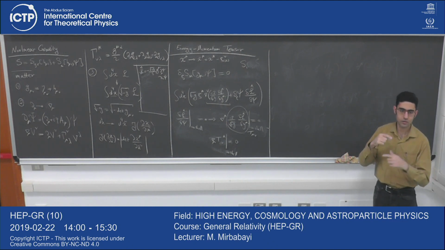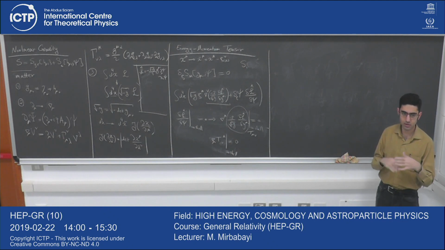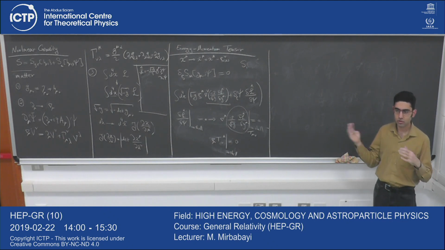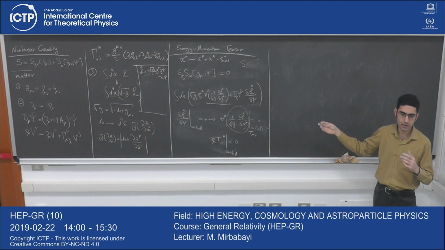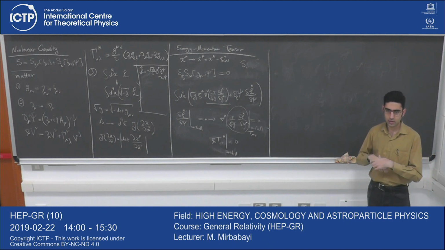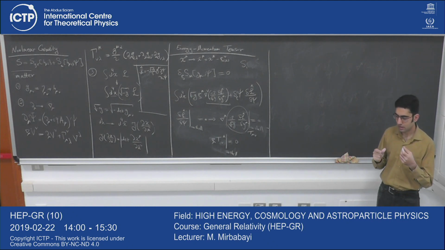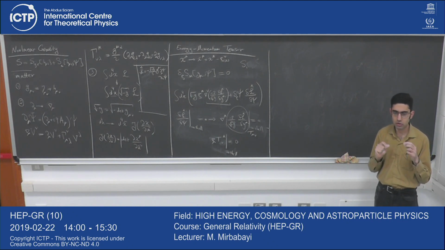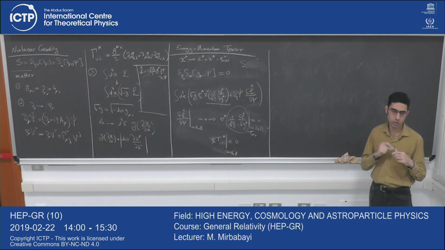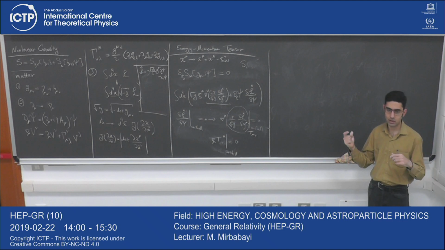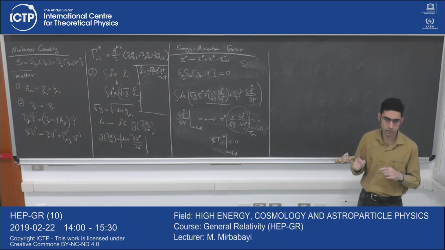We said that once we put the zeroth order T mu nu for the matter, we have to keep adding terms to that. And those terms that we were adding were of two types. Some of them were purely gravitational. They only knew about h mu nu. The other ones contain matter fields.